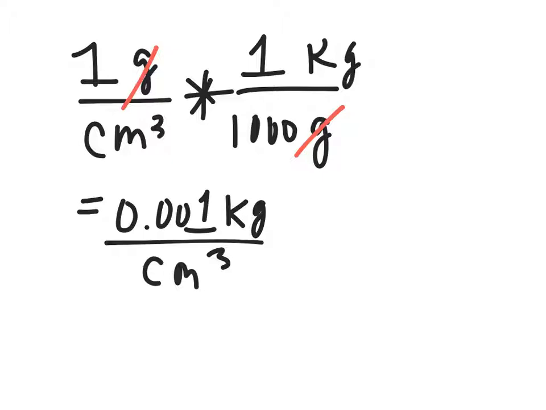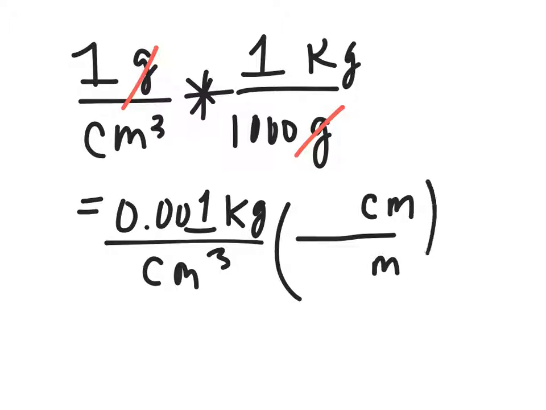So that's great. I've now got my numerator unit converted, and now it's time to work on converting the denominator. So for the denominator, we're going from centimeters cubed to meters cubed, and I know that I want to be left with meters in the bottom, so this time I've got to get my centimeters in the denominator to cancel out. So I know the equality between centimeters and meters from my metric prefixes. It's 100 centimeters in 1 meter.